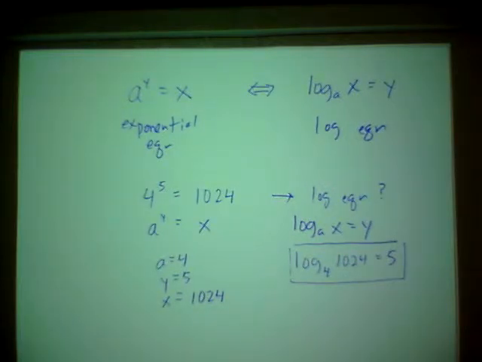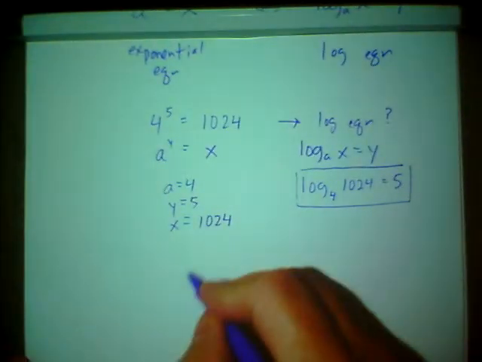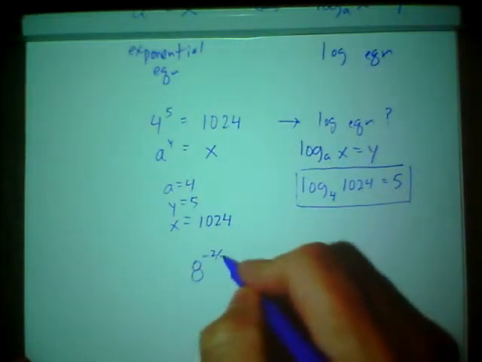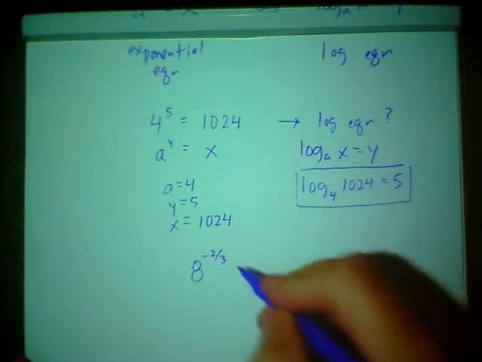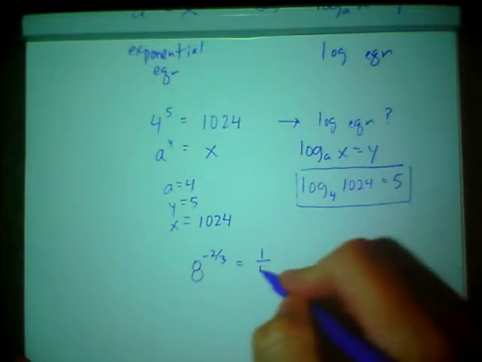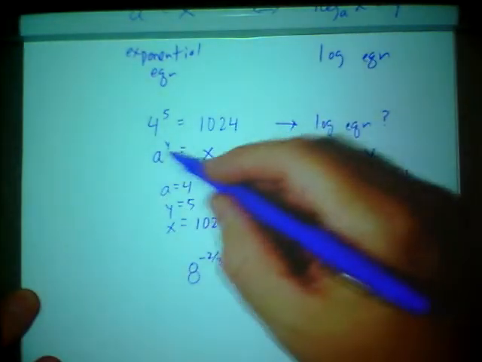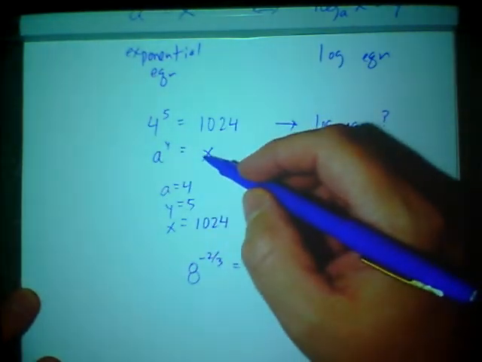Let's do another one. We'll even do one that looks a little more confusing or messy. How about 8 to the negative 2/3 equals 1/4. And I want to rewrite that as a log equation. Well, once again, I can still see up here my a to the y equals x.